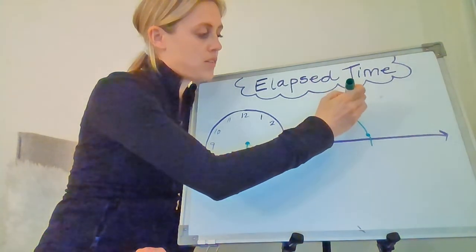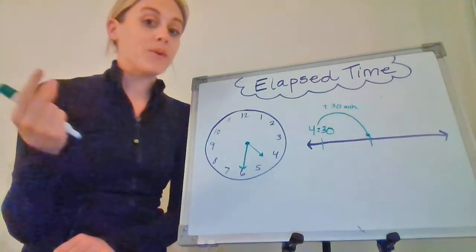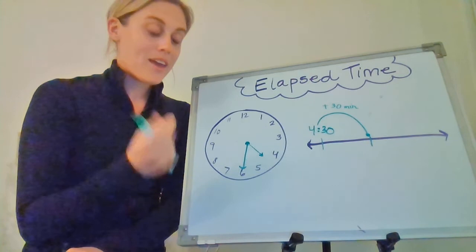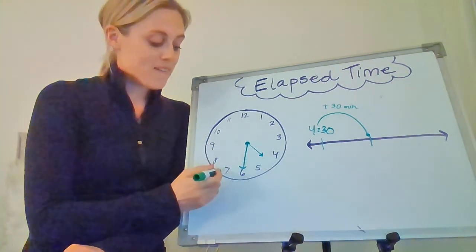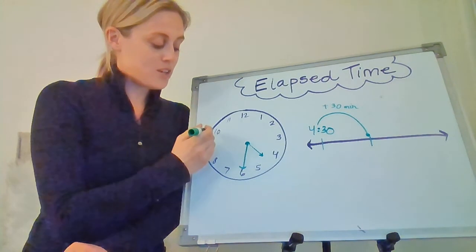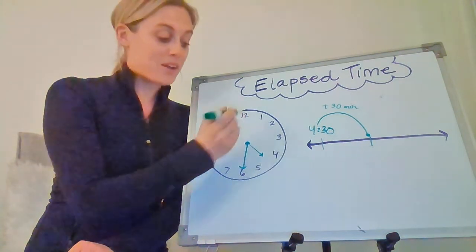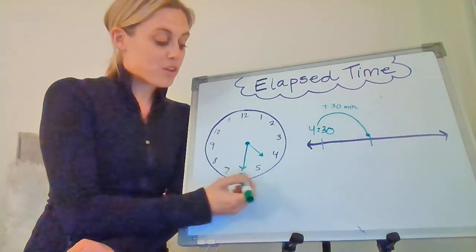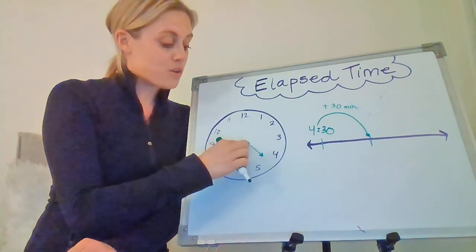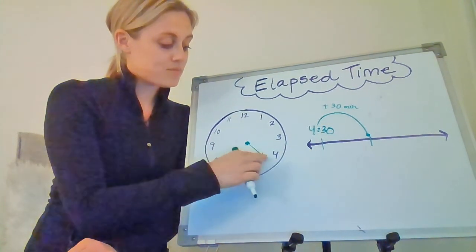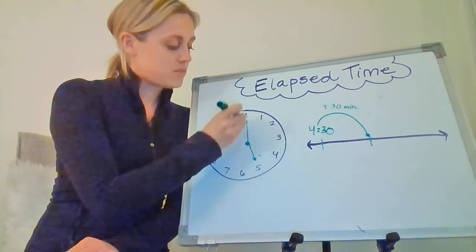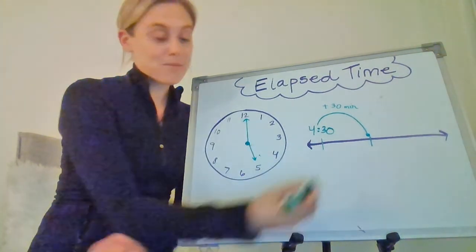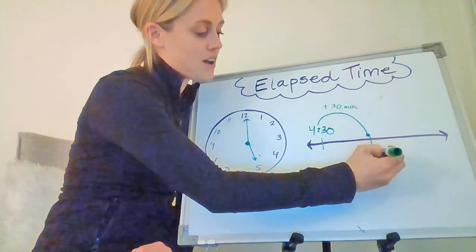Now, if you're really quick at time already, you know that if we add 30 minutes, which we can still count 5, 10, 15, 20, 25, 30, we're going from 4:30 all the way to 5 o'clock. So on my number line, I can add that it's now 5 o'clock.